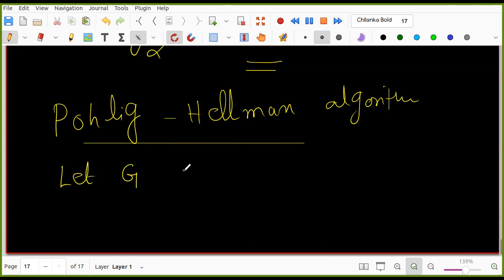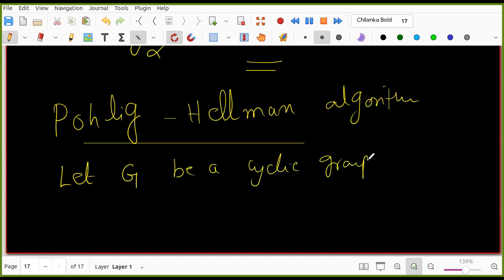Let G be a cyclic group of order n. Concentrate. Don't worry about the previous knowledge.